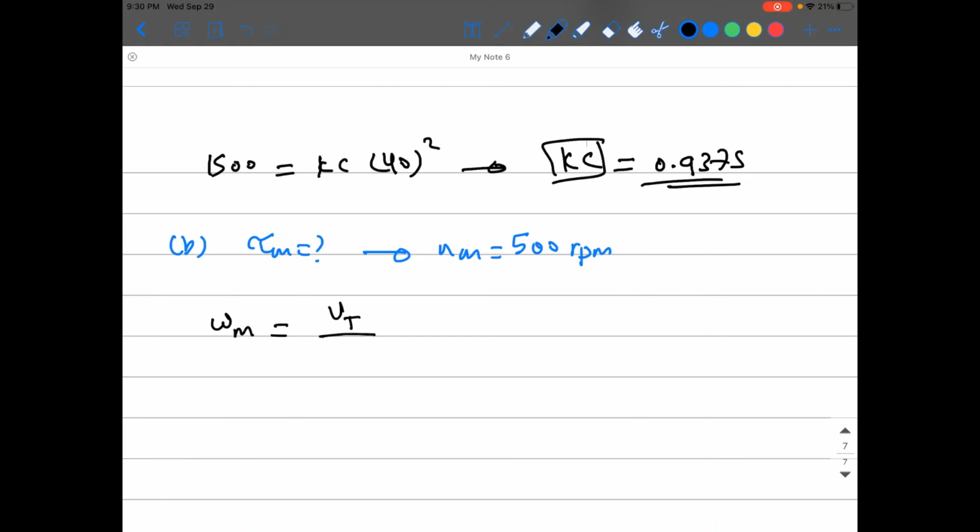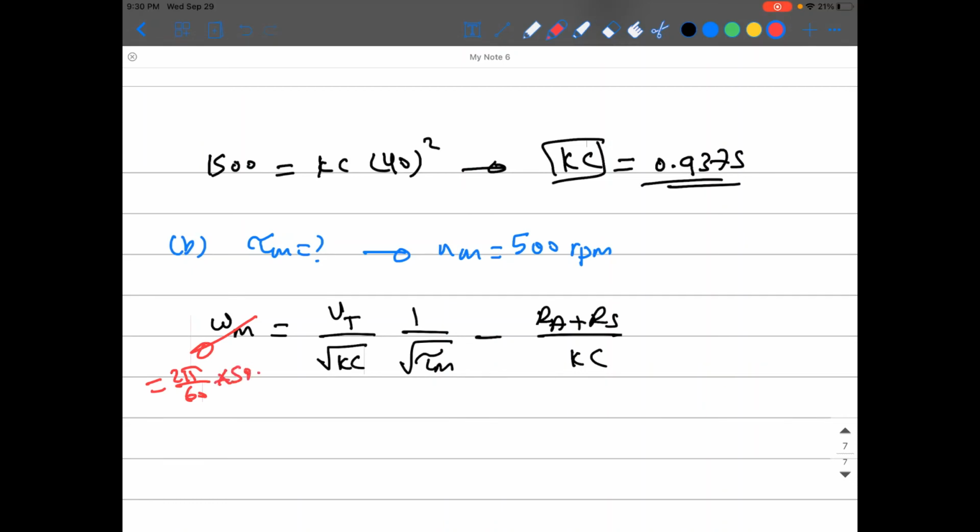Omega m equals V terminal over the square root of Kc, multiplied by 1 over the square root of the torque, minus Ra plus Rs divided by Kc. That is the torque-speed relationship of the series connected motor. You can calculate omega m easily as 2 pi over 60 times the RPM, which is 500. Never miss this, you have to multiply the speed by 2 pi over 60.